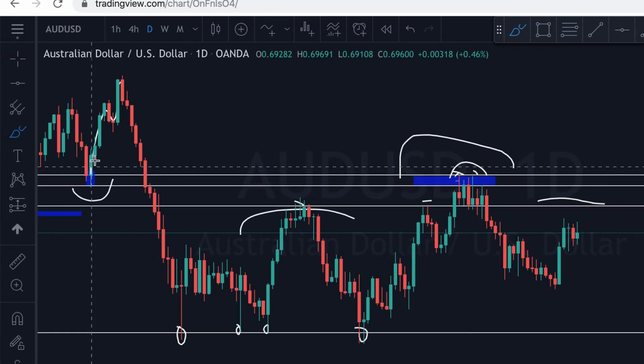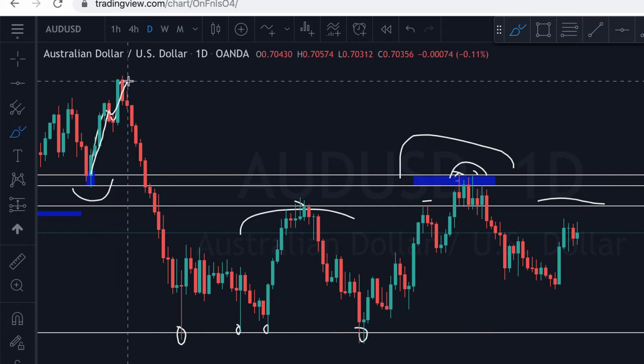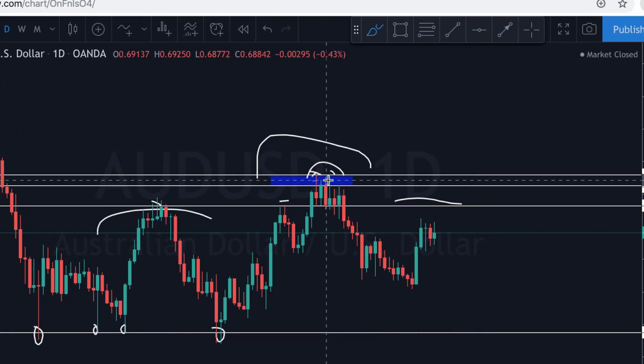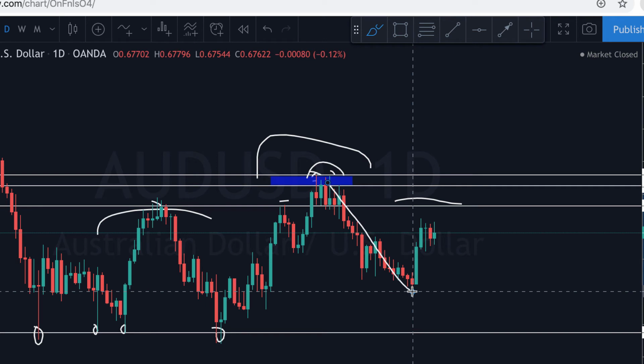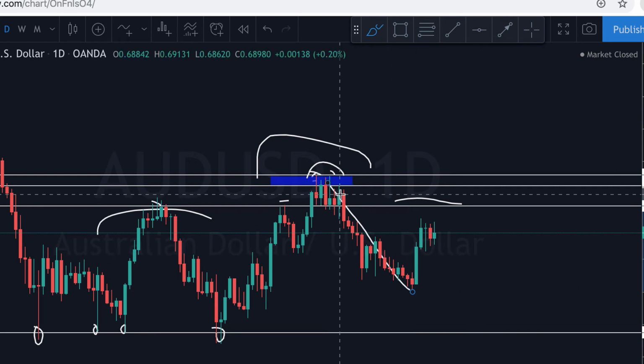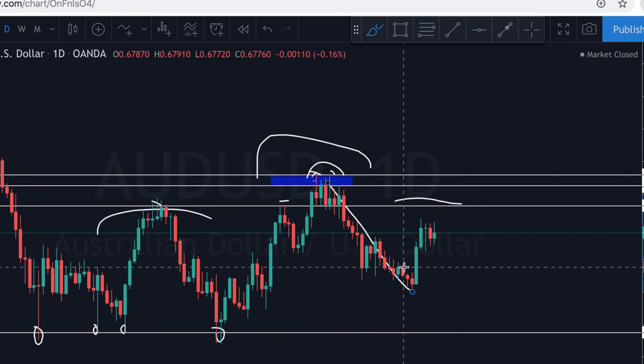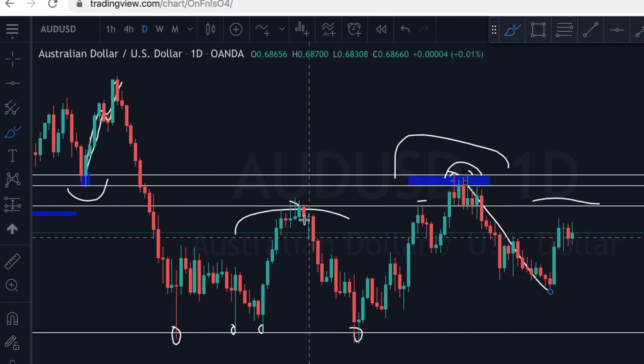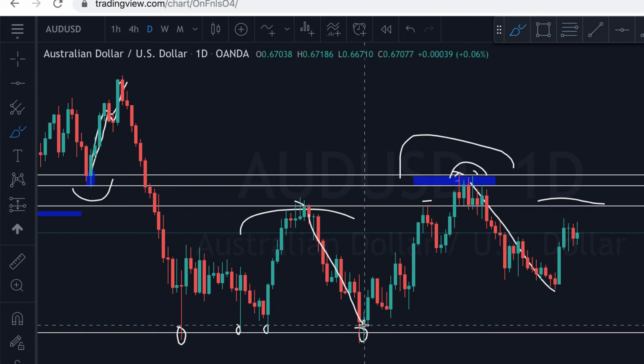But look how much the market retraced from that point. And again, when it turned into resistance, look how much the market dropped, right? So the higher the reversal or the higher the retracement from that zone, the stronger the level. Is that easy? Hopefully easy to understand. Yeah. So even here, look, very strong.